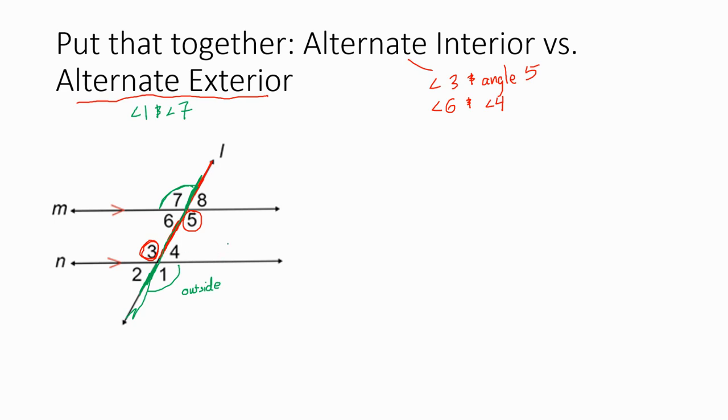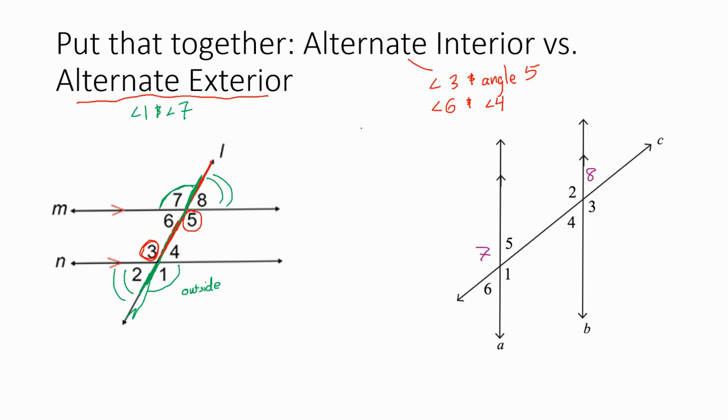Can you name the other alternate exterior pair? You should have said angle 8 and angle 2. Awesome. Moving on. It's now your turn. Answer the questions that follow about alternate interior and alternate exterior angles.